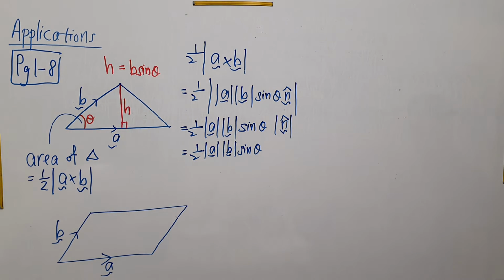So therefore, whenever you have to find the area of a triangle, you can just simply find half of the magnitude of A cross B, provided A and B are two adjacent sides of a triangle.